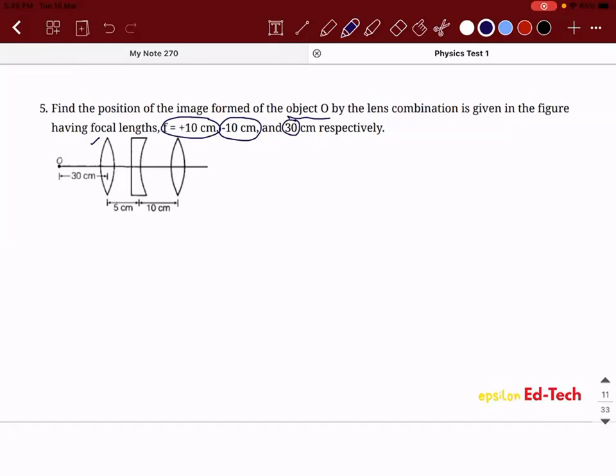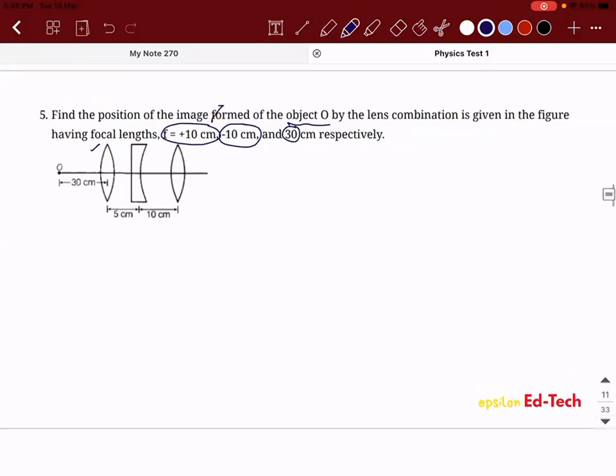Focal length is positive for what kind of lens? It is convex, and this is concave. Okay.